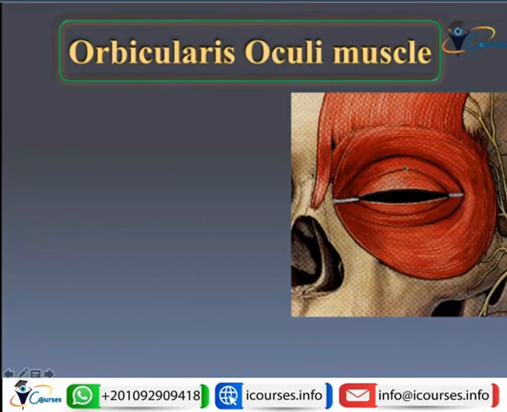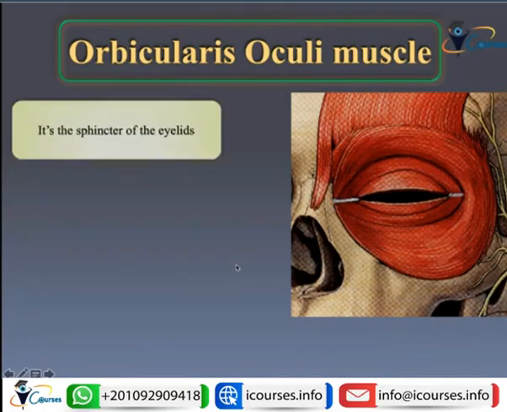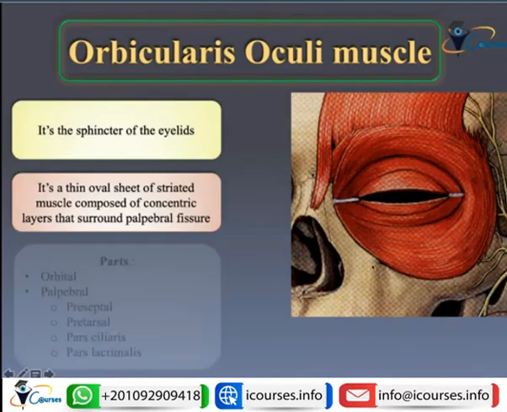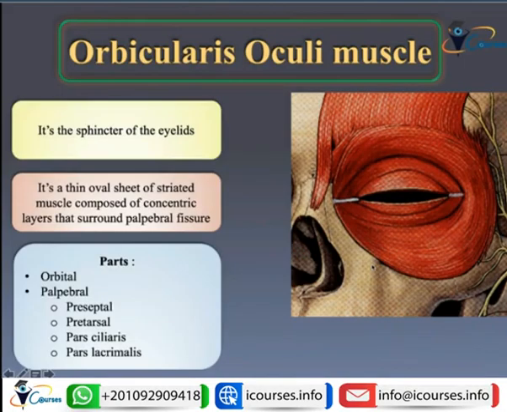As you can see, this muscle is arranged into concentric layers around the palpebral fissure, within the eyelid and within the orbit, covering the orbital aperture. It is formed by an oval sheet of thin striated concentric layers surrounding the palpebral fissure, made mainly from different parts.